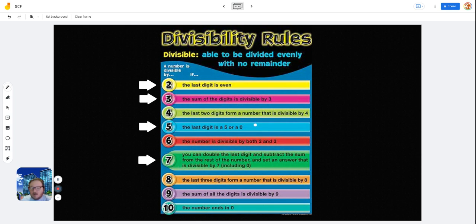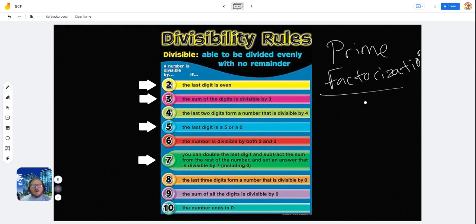And when we are doing prime factorization, what we're doing is we're trying to find all the primes of a number that you can multiply together to make that number.